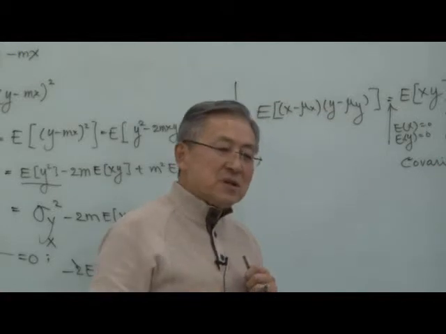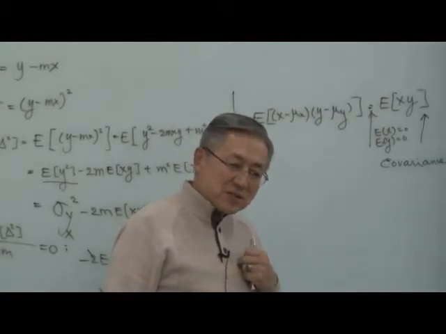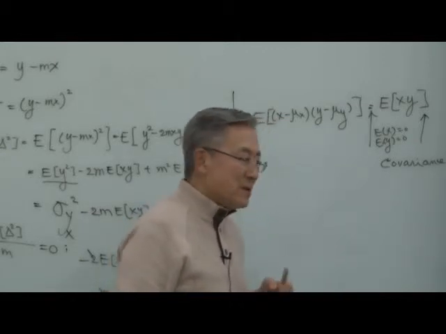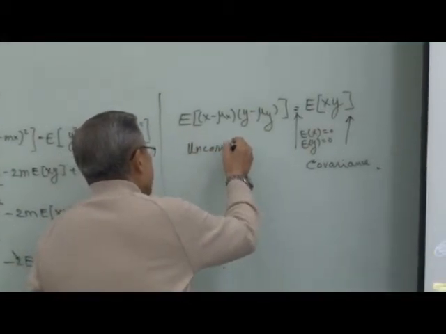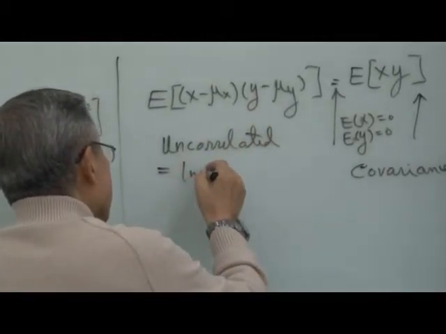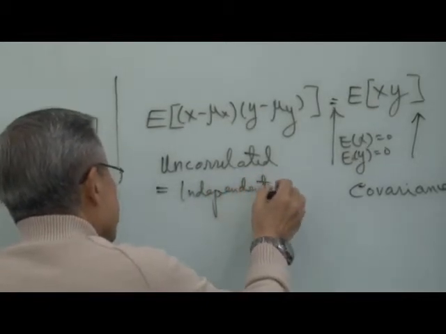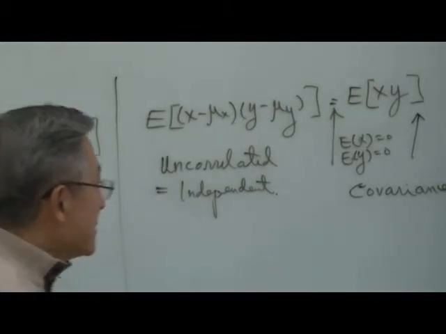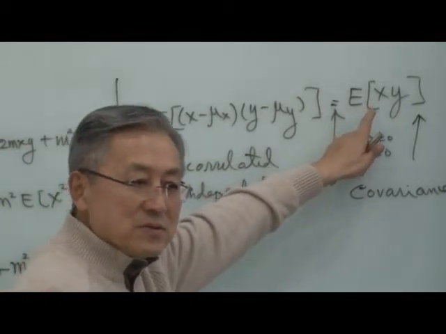It has a degree of relation, correlation. But if this is really uncorrelated, sometimes people use the word uncorrelated, which is really the same as independent. If it's uncorrelated, then what happened? This guy is equal to 0.